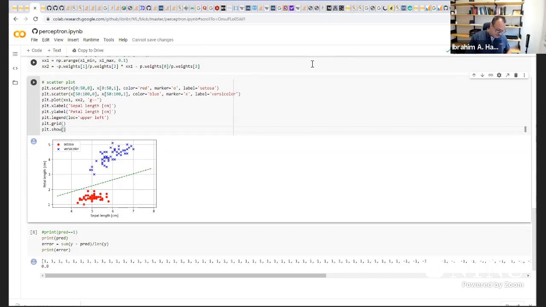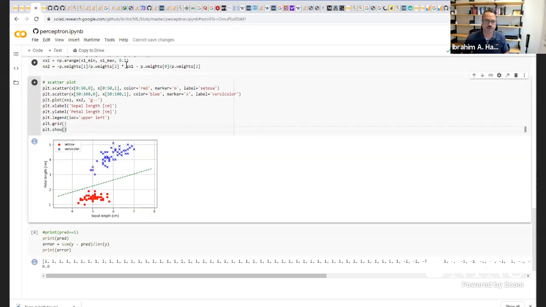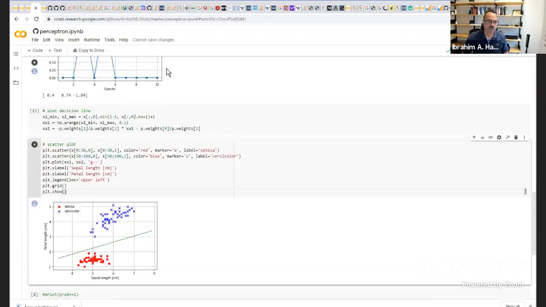Can you implement this, please? You just need to add one line here and test it. Just take this perceptron code, save it in your drive, for example, and try to modify it.